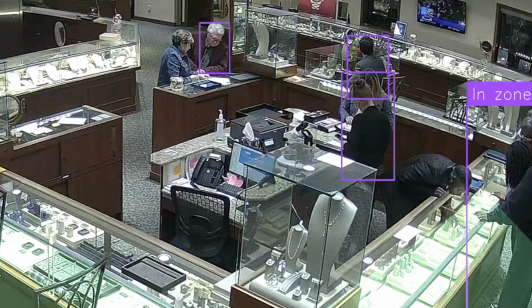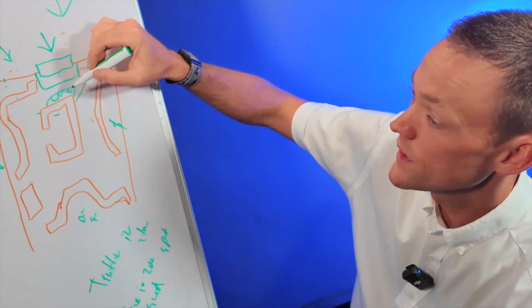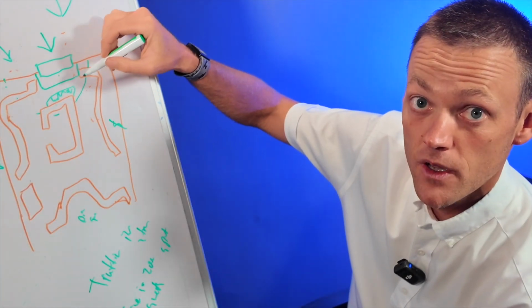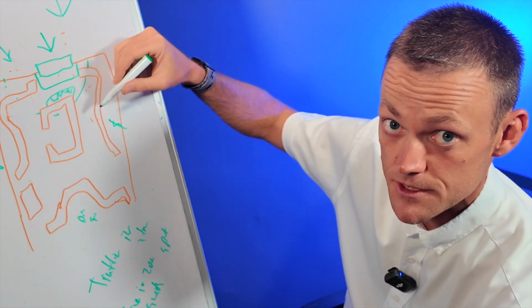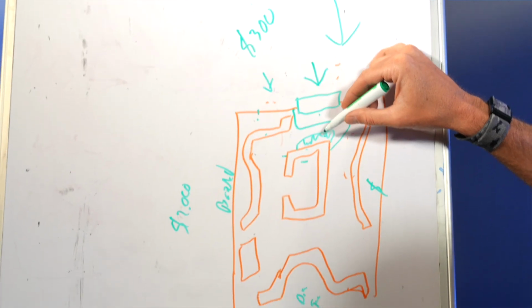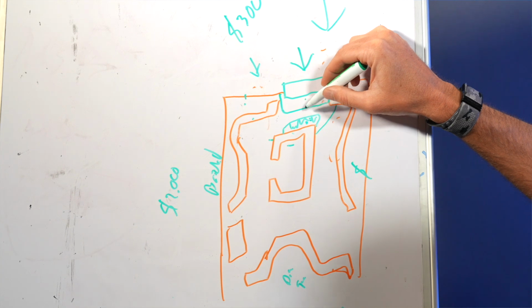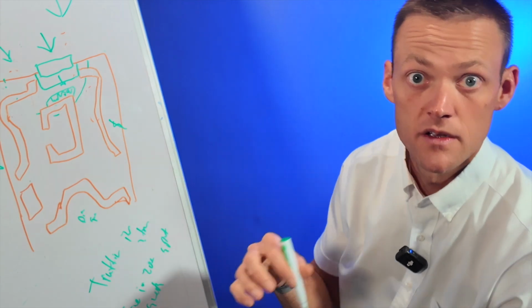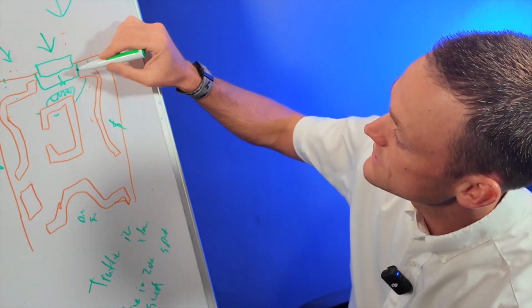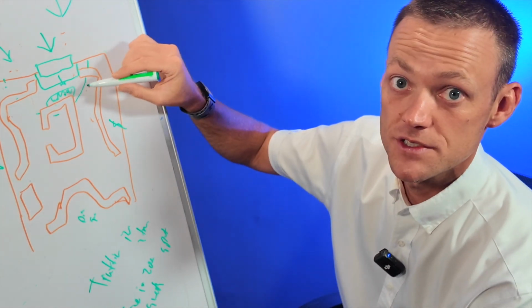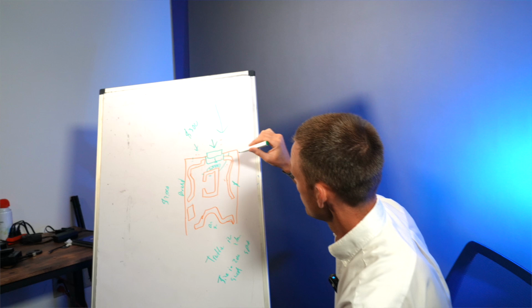Not only can you see how often traffic is coming in, but we can also see how often we have our staff covering that front door. And then in later renditions, we'll see how often and how quickly somebody from this zone interacts with somebody walking through. So that's the big difference in going with Vision AI versus just a simple line break, is that data you get just from this front door is unbelievable.